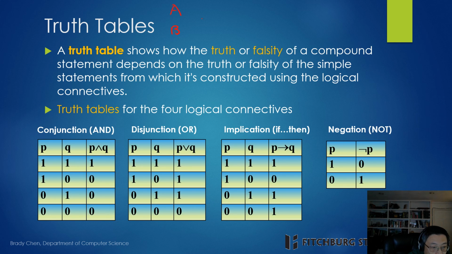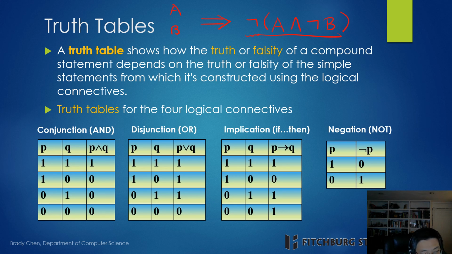So we build a compound statement which says it's not the case that John is married and John's wife is not married. So that's a compound proposition.